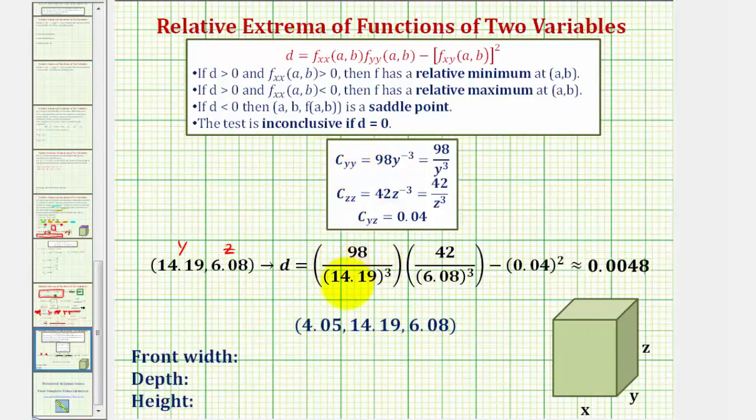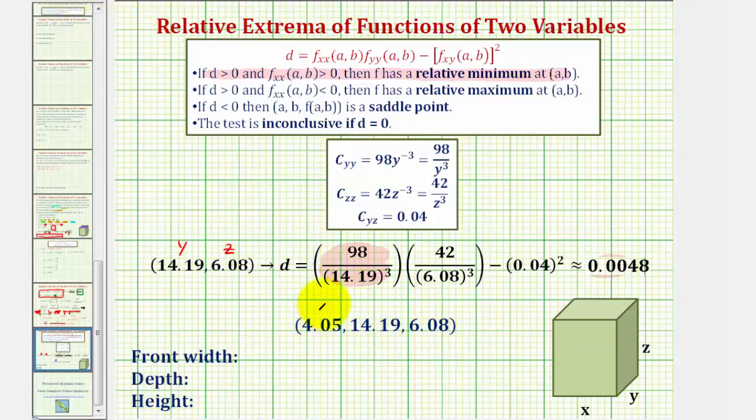The second order partial with respect to z is here. Here's the mixed partial squared. Notice how it comes out to a positive value. So if d is positive, and so is the second partial with respect to y, looking at our notes here, that means we have a relative minimum at our critical point. And therefore, these are the dimensions that would minimize the cost of our box.